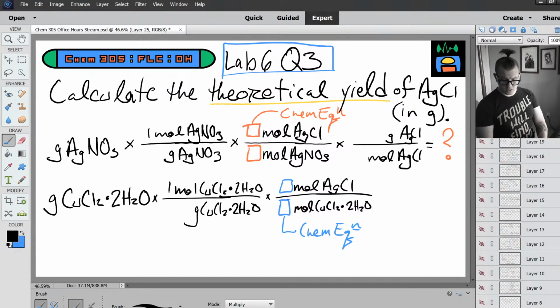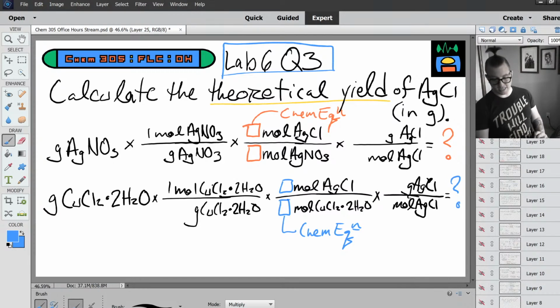All right, then your last step, we convert from moles of silver chloride to grams. And this will give us another possible answer.